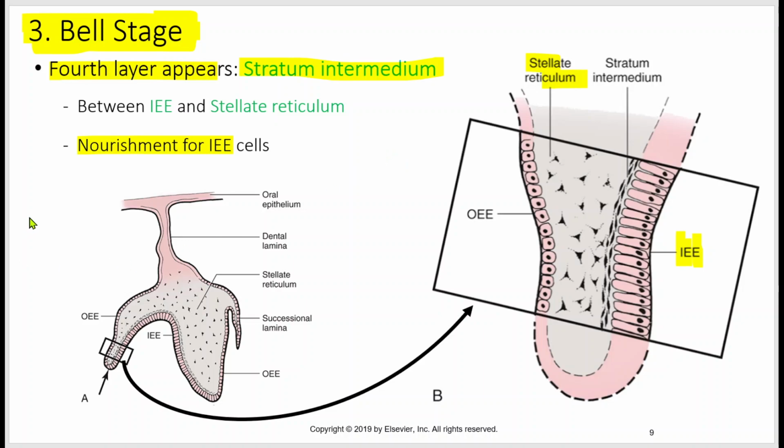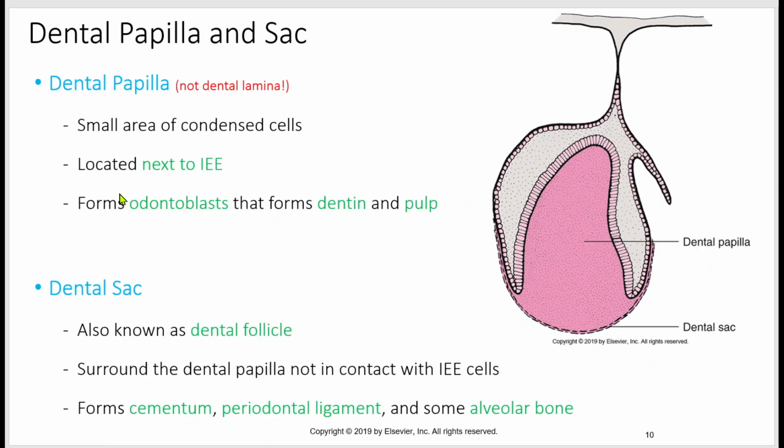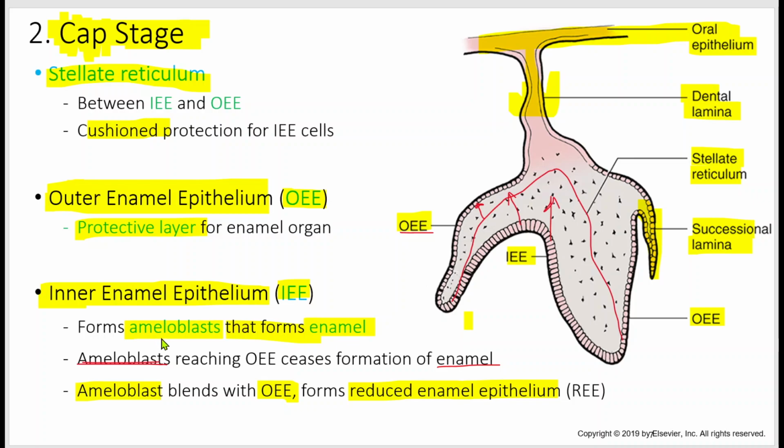Okay, let's move on. So far we said we have the enamel, the dentin, the pulp, and the cementum, and we're trying to find out where each one of them comes from. So far we know that the enamel came from the inner enamel epithelium, being made from the ameloblasts.